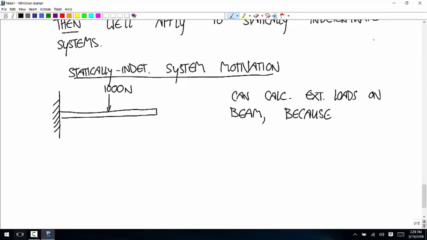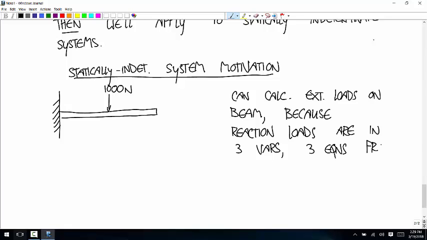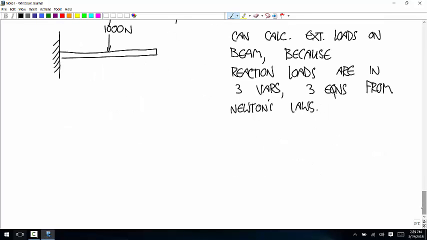And the reason you can is that the reaction loads at the wall give you 3 variables, and you have 3 equations from Newton's laws. Okay, so that one works.